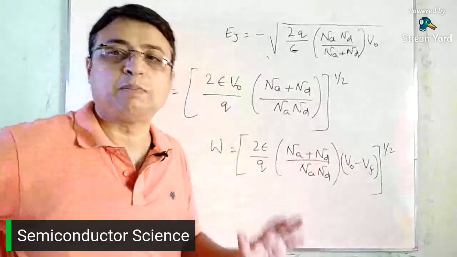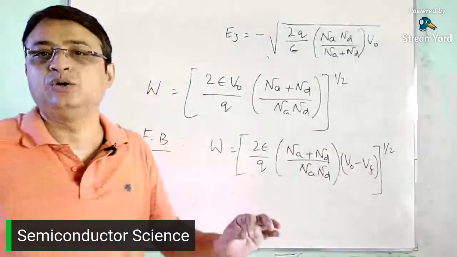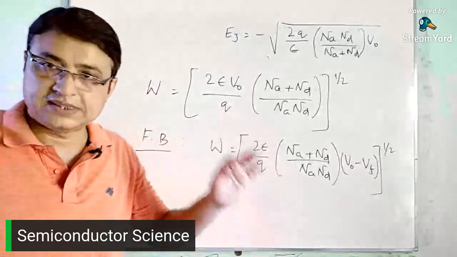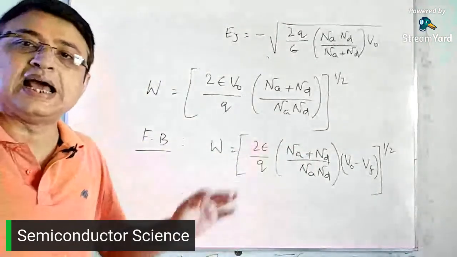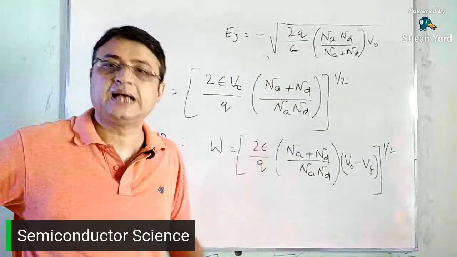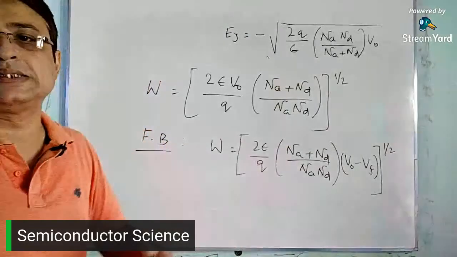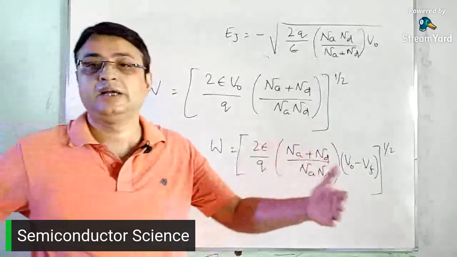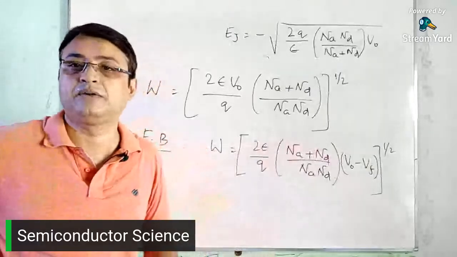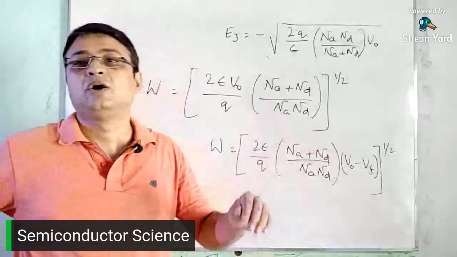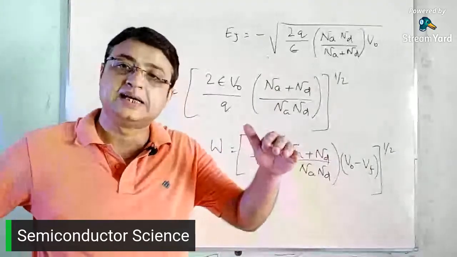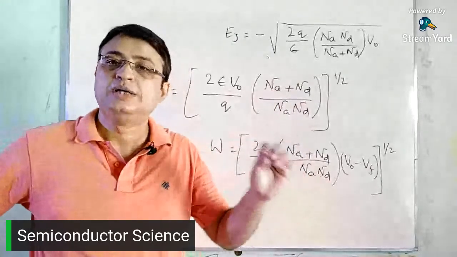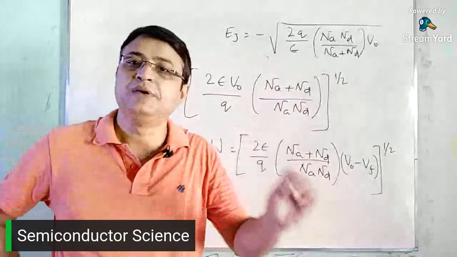Under forward bias condition we calculated the value of the electrostatic potential barrier, and we have seen that the potential barrier decreases as we apply a forward bias, because whenever the p-type material is connected with the positive terminal of the battery, the potential of the p-type layer increases, and as a whole the electrostatic potential barrier V0 decreases to V0 minus Vf.